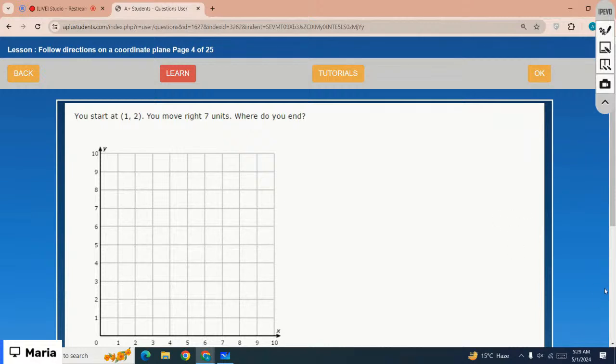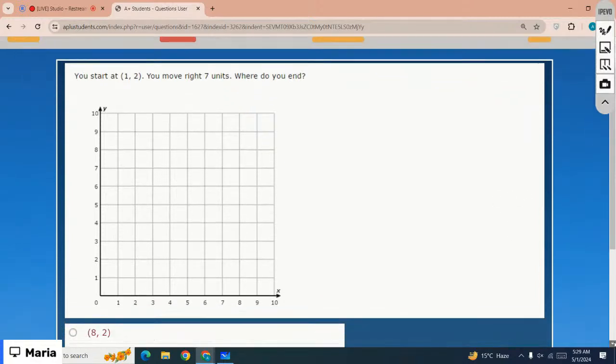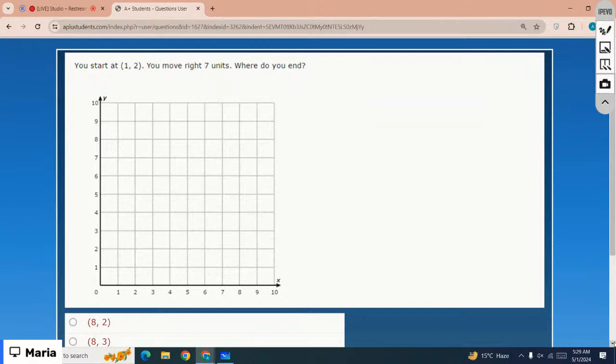You start at 1, 2. You move 7 units right. Where do you end?